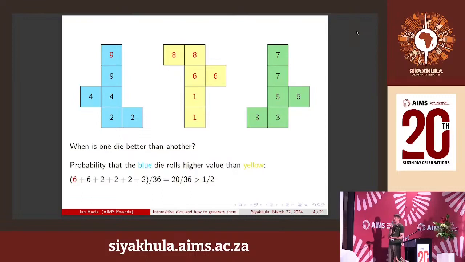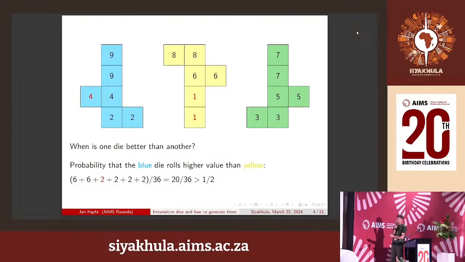Let's quickly count how it will go in this example. When I roll the blue die, I have 6 possibilities. When I roll the yellow one, I have 6. So this is really just simple counting. I have 36 possibilities. And if on the blue one I roll 9, then it will always win. So this is 6. If I roll the 4, it will only win with the 1s.